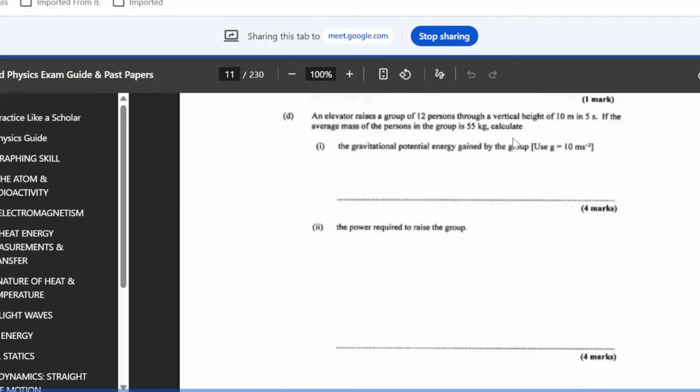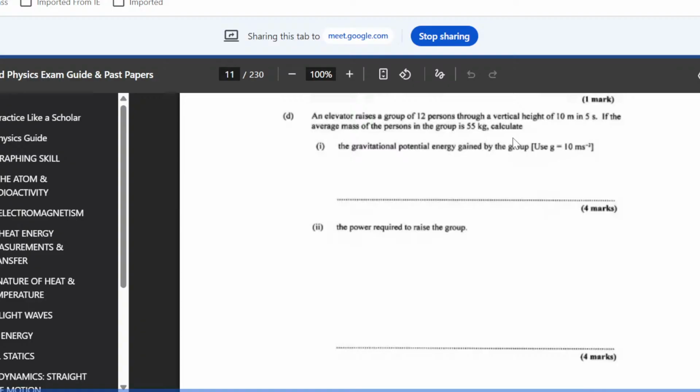So the mass would have to be 55 times the 12. Yes, sir. And we have the height, so it's just a matter of multiplication.